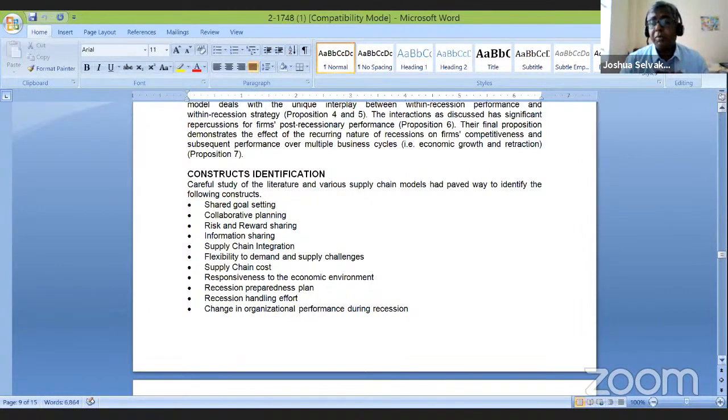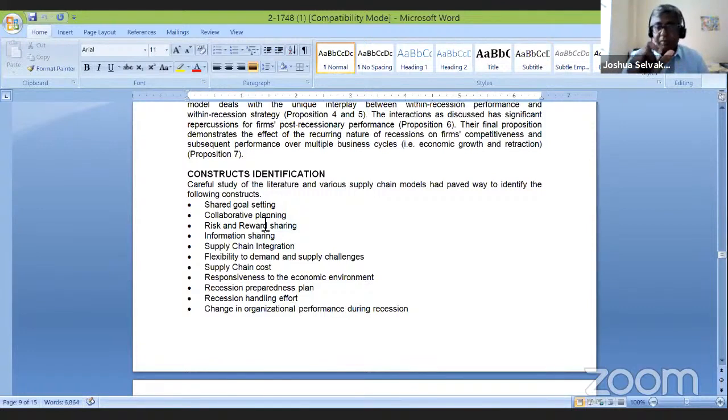So this is a construct here, and these are some of the important variables we have found in the supply chain which these textile clusters, the garment industry, were following during the recession period. This is shared goal setting among the supply chain nodes, and collaborative planning. These are very important variables that make the supply chain function effectively during economic recession or economic slowdown.